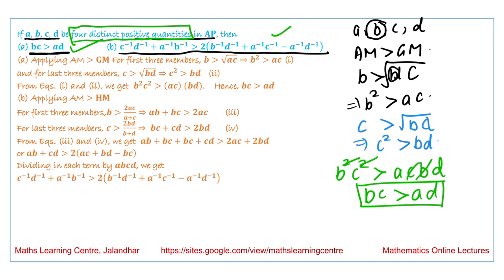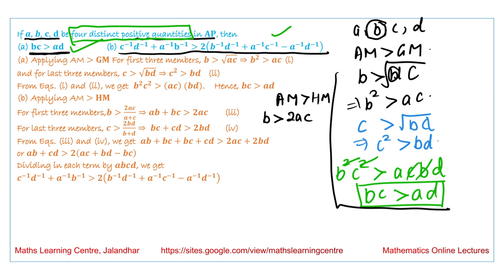Second result we have to prove is this. So we are using the result that the arithmetic mean is greater than the harmonic mean. So we have b is greater than 2ac by a plus c, and c is greater than 2bd by b plus d. Now from the first result, we have ab plus bc is greater than 2ac.